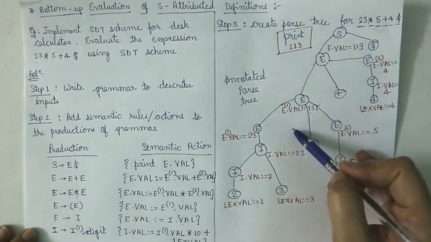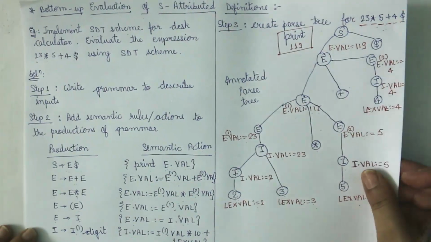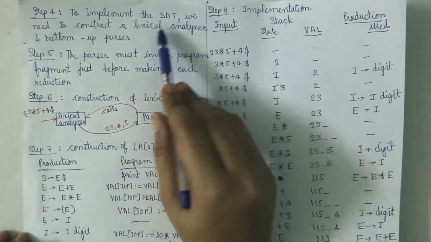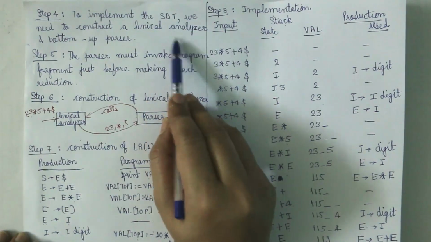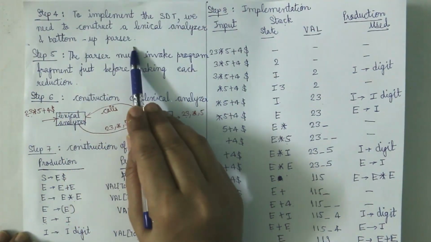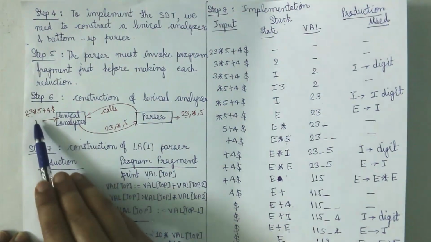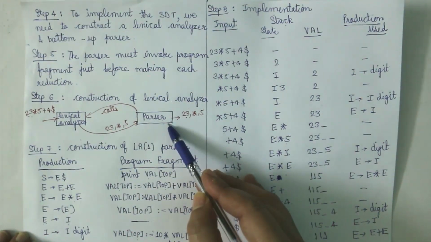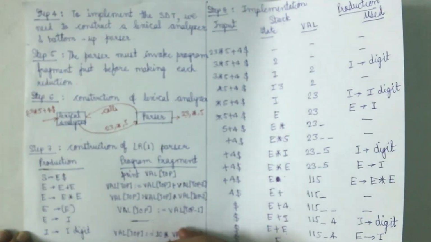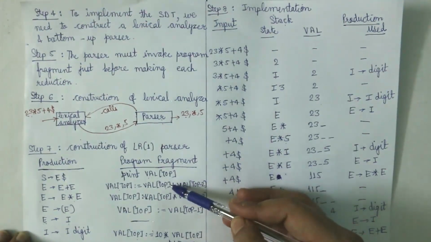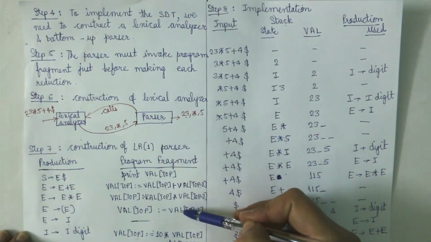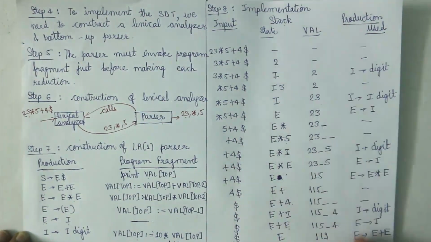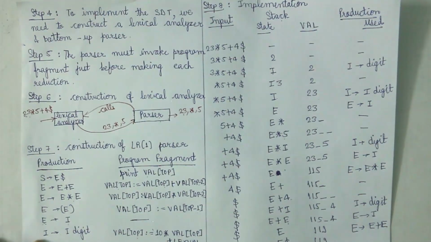To implement this in the compiler, we have to implement a lexical analyzer followed by a bottom-up parser. The lexical analyzer will help in generating tokens, which the parser will use to construct a program fragment. With the help of this program fragment, inputs will be evaluated into the respective solution.